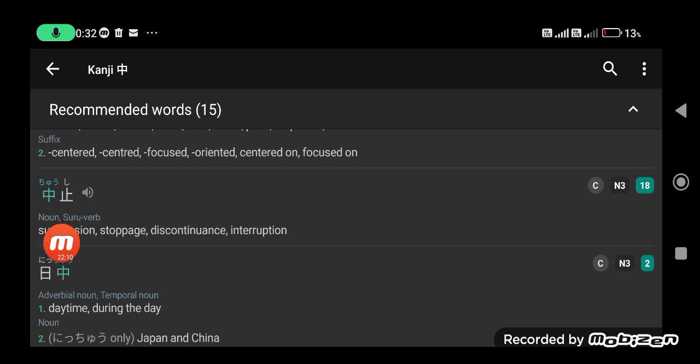Now minasan, how do you know that a certain noun is also capable of being a suru verb type of noun? This is a technique, minasan. I'll share you a technique.